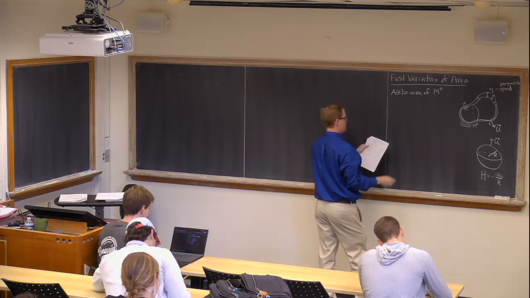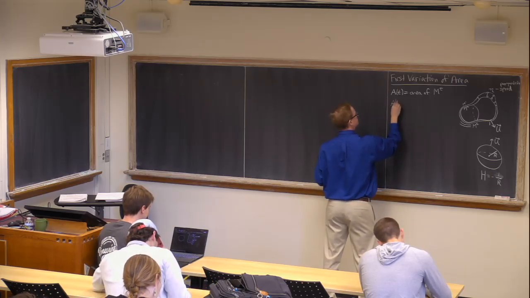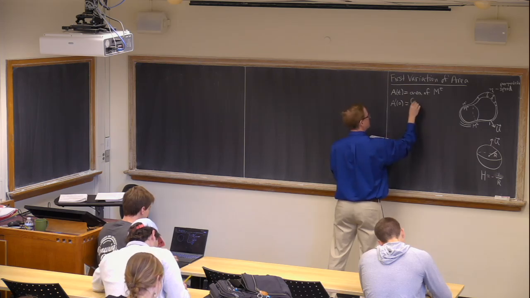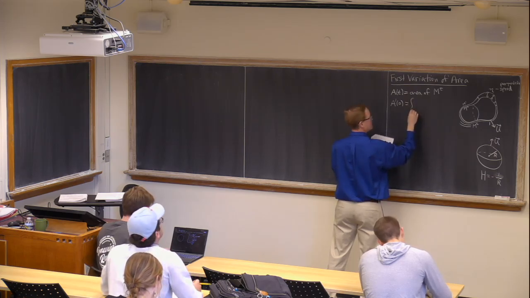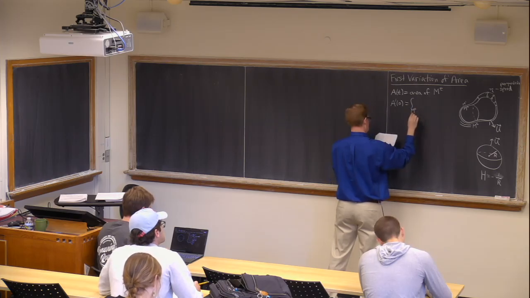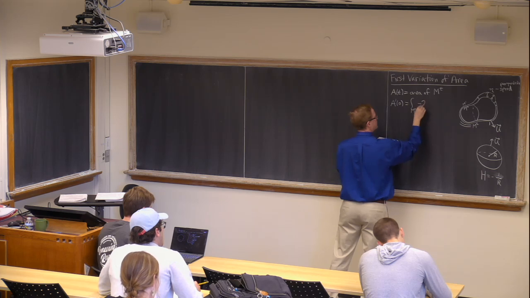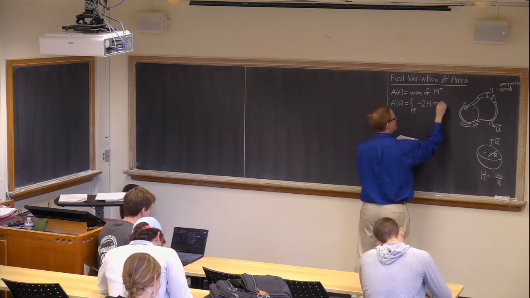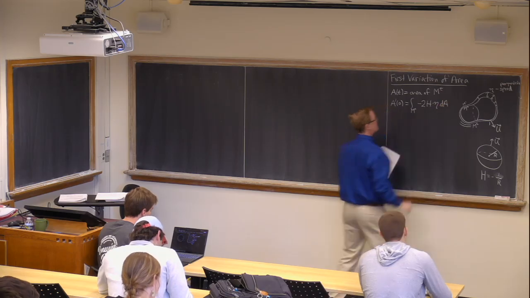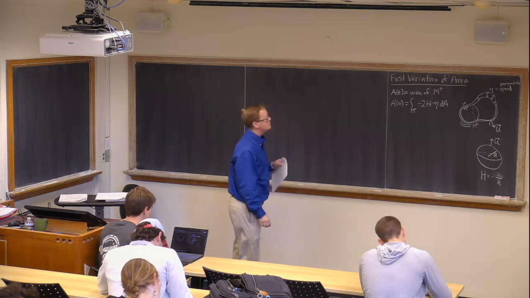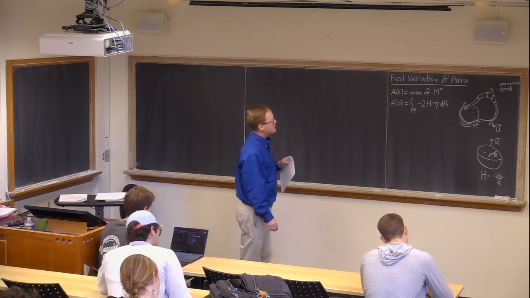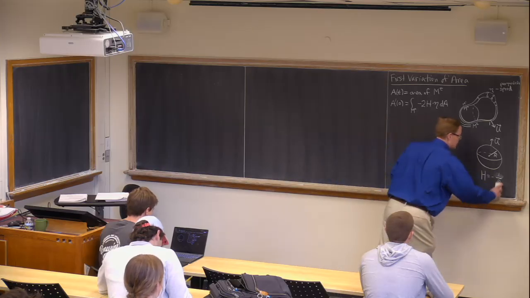And what we want to prove is that A prime of 0 is equal to the integral over M0 of minus twice the mean curvature of the surface times eta times the area form. Okay. And A of t is the area of M of t, but let me also write it another way.